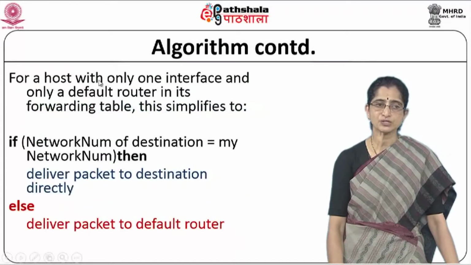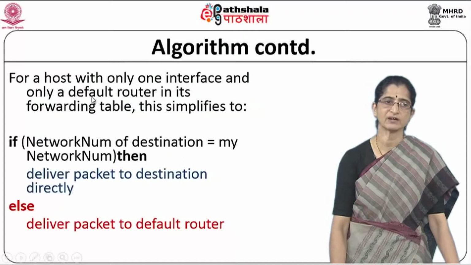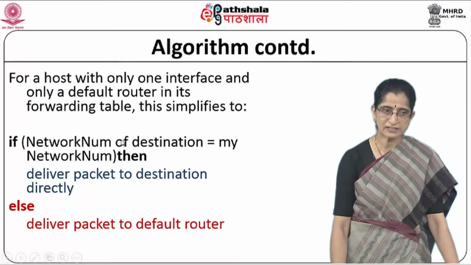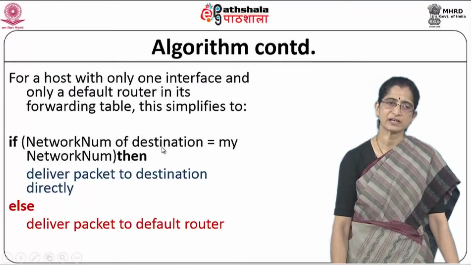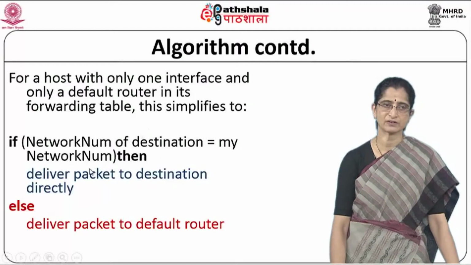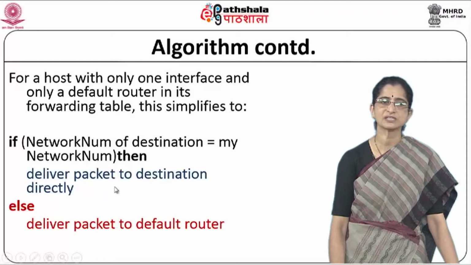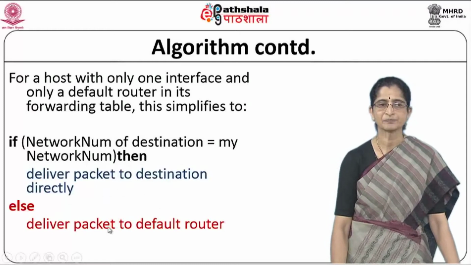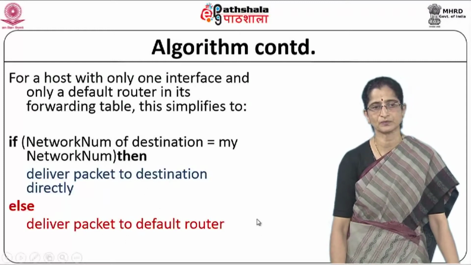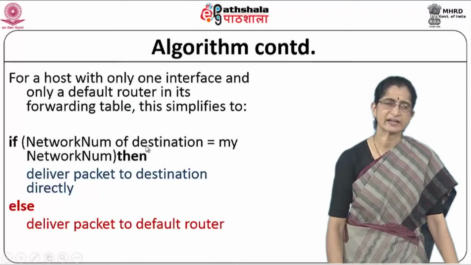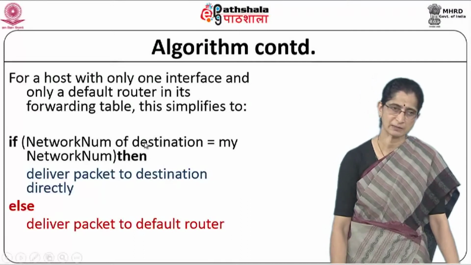If a host has only one interface and only a default router in its forwarding table, this simplifies to checking the network number. If it matches your own network number, which means it is on the same network, you just send the packet directly to the destination. Otherwise, you send it to the default router. This is the simple datagram forwarding algorithm used in IP networks.